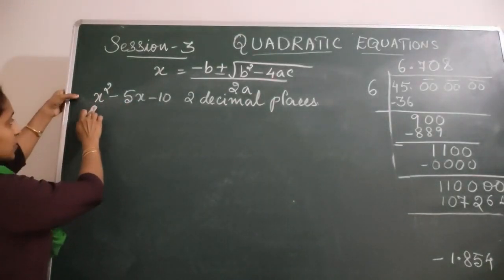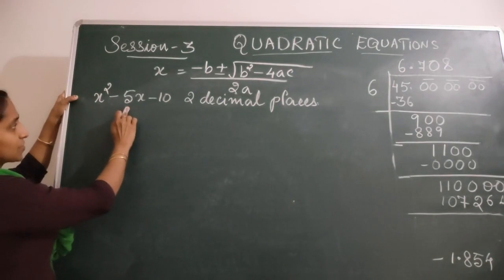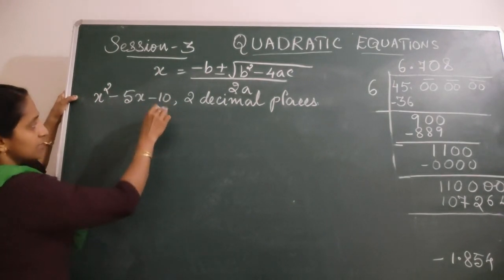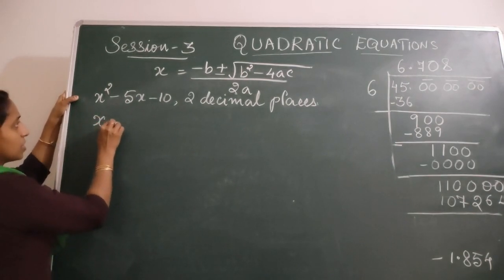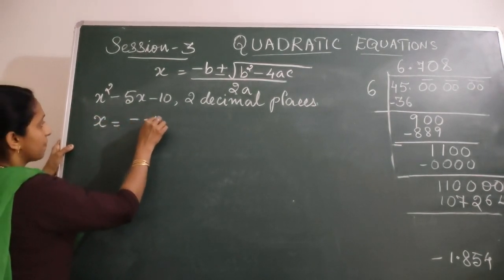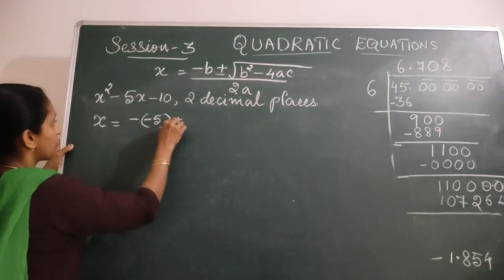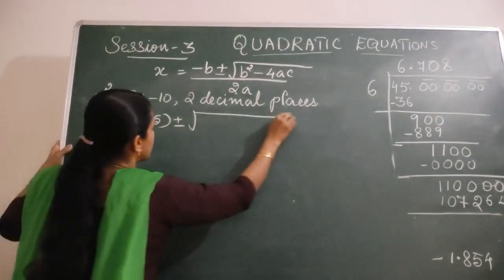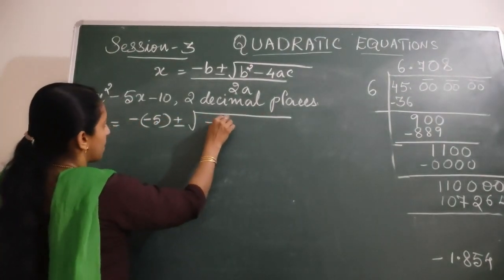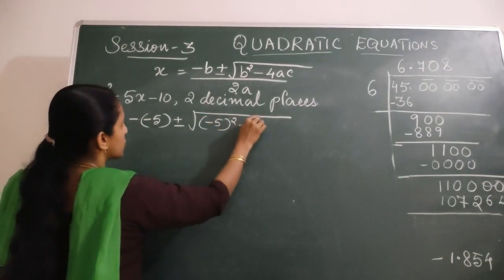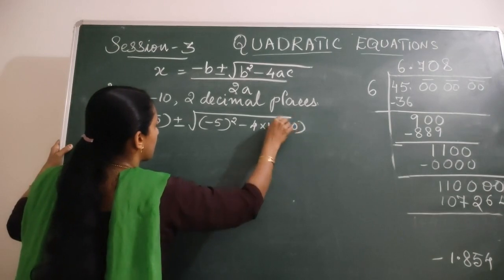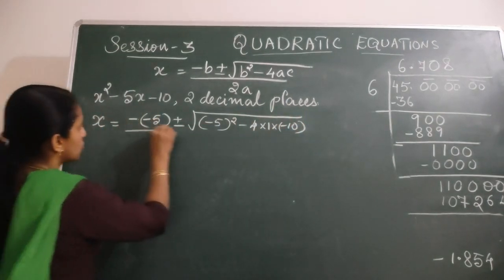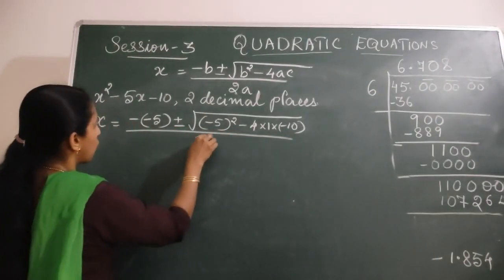So here A is 1, B is minus 5 and C is minus 10. So you are going to write x is equal to minus b plus or minus under root b square minus 4ac upon 2a, 2 into 1.